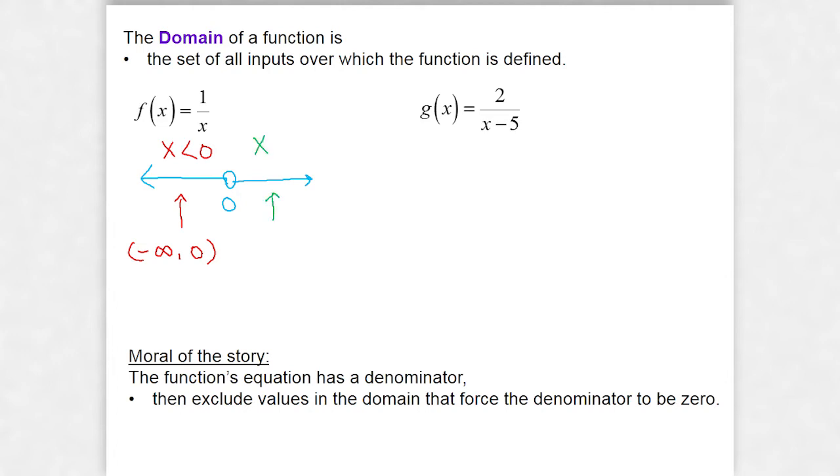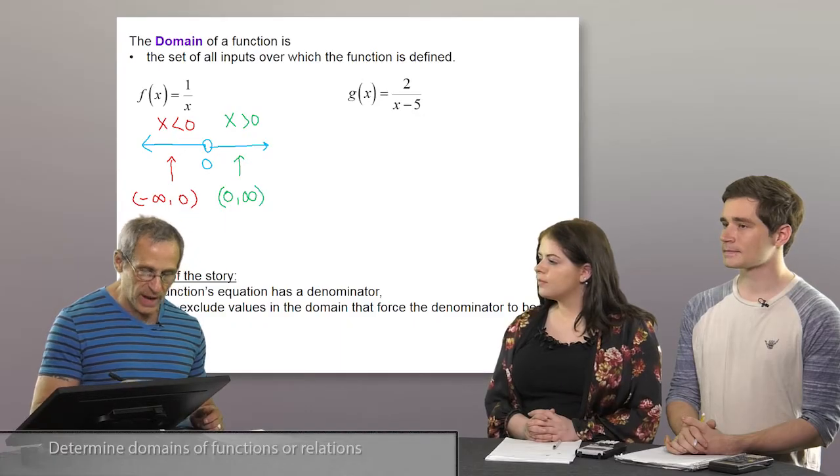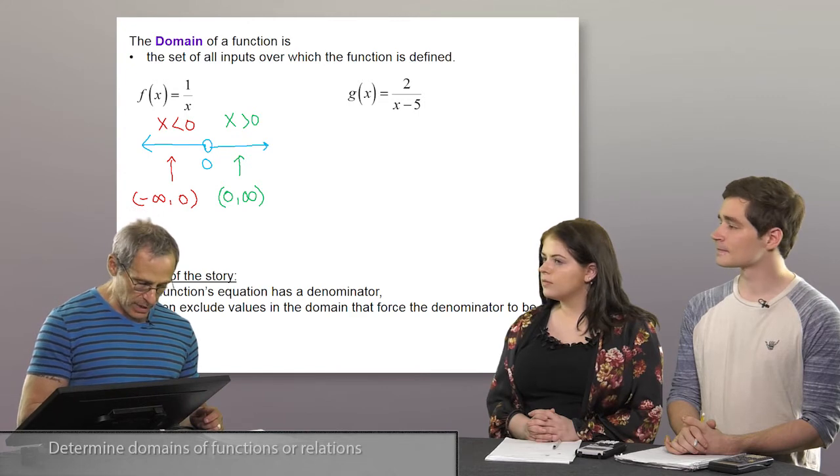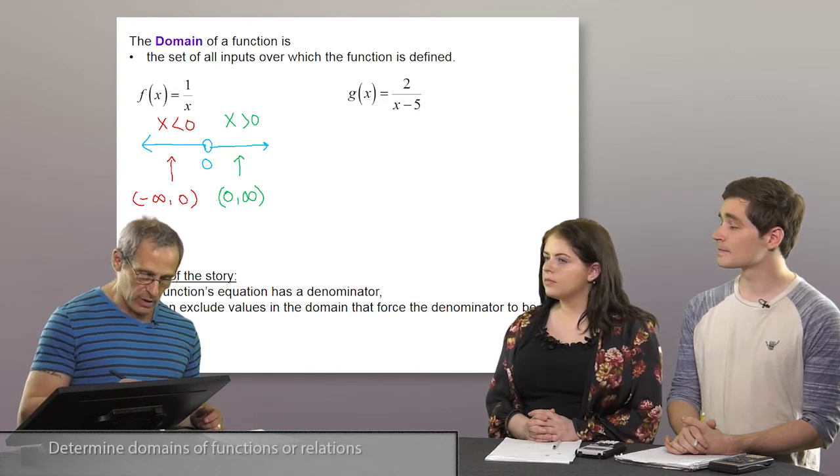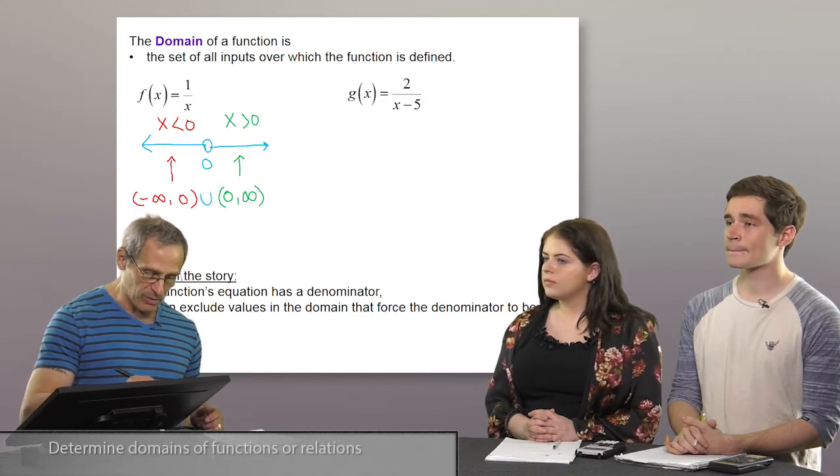The x values would be greater than 0. So it looks like my interval would be what? 0 to infinity. Very good. And again, I use parentheses to actually exclude the 0. Then in between the two intervals, I'll go ahead and use a union symbol like that.